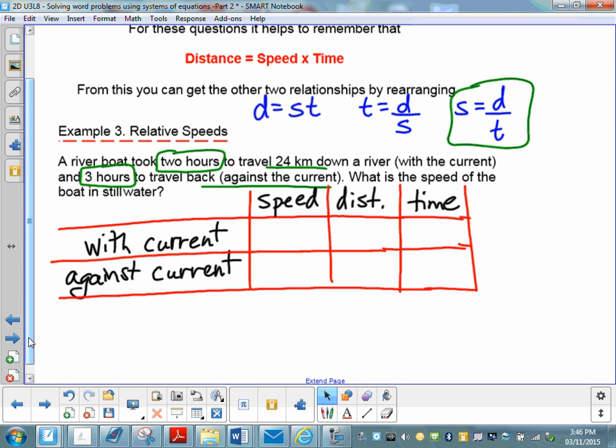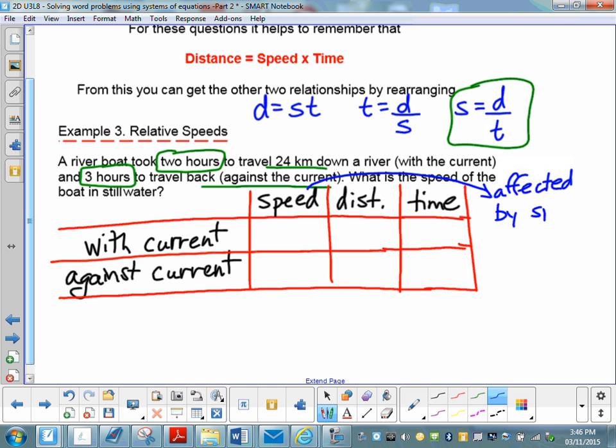Now the problem here is that speed is affected by the speed of the boat. Maybe we'll call that the regular speed of the boat. And the current is going to affect the speed of the boat as well.